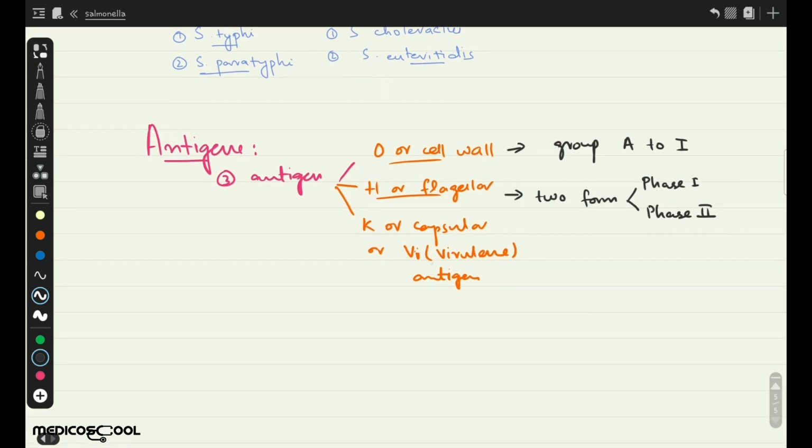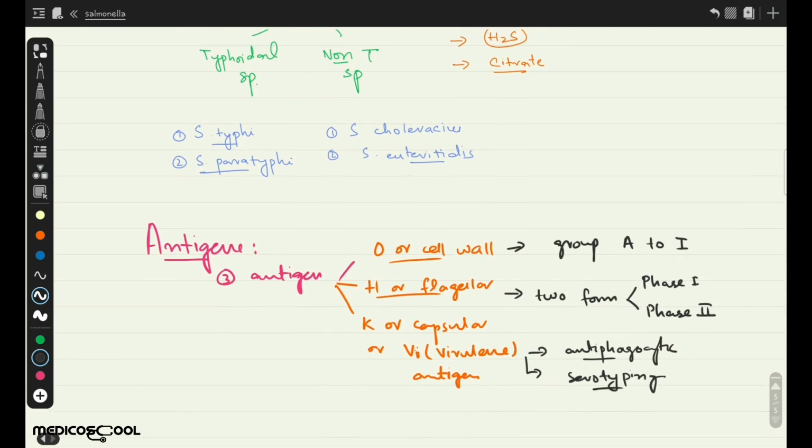The K or capsular or virulence antigen is the main antigen, and it is antiphagocytic, and it is also used for serotyping. Hence it helps in the pathogenesis of typhoid fever or other diseases.